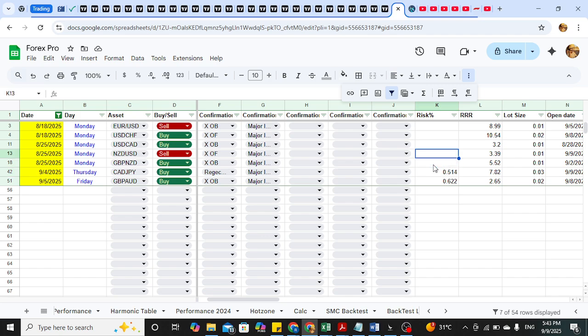So let's say that these are all 0.5%. This means that the total exposure is 3.63%, and that's acceptable for me.